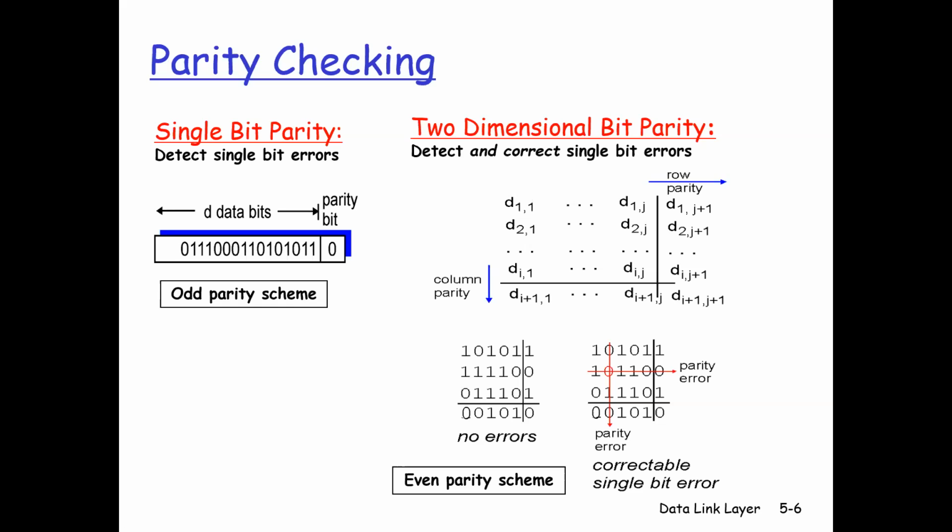So actually you're transmitting one long set of bits. You will break that up into words, and the words you have will actually represent that column parity.